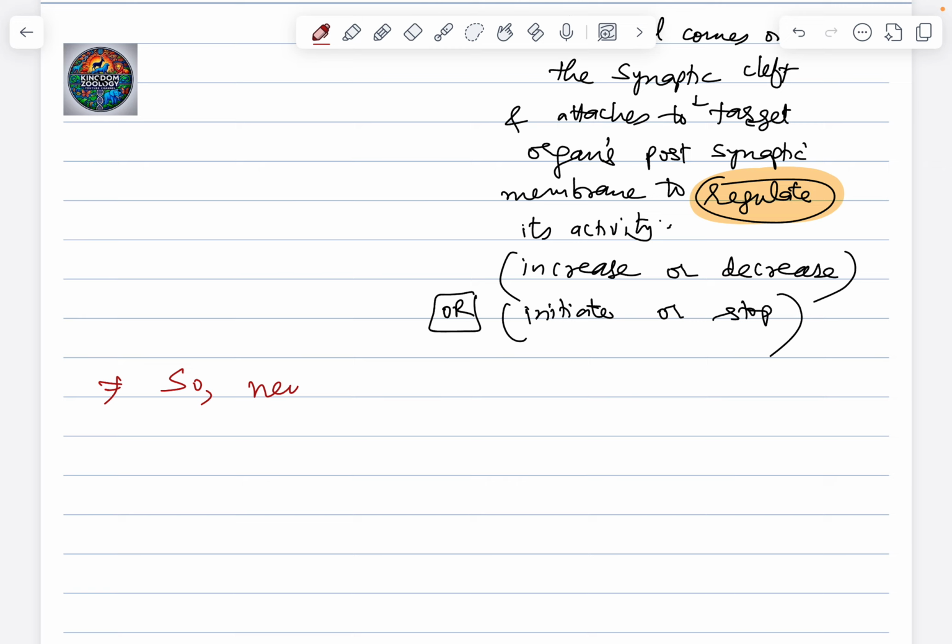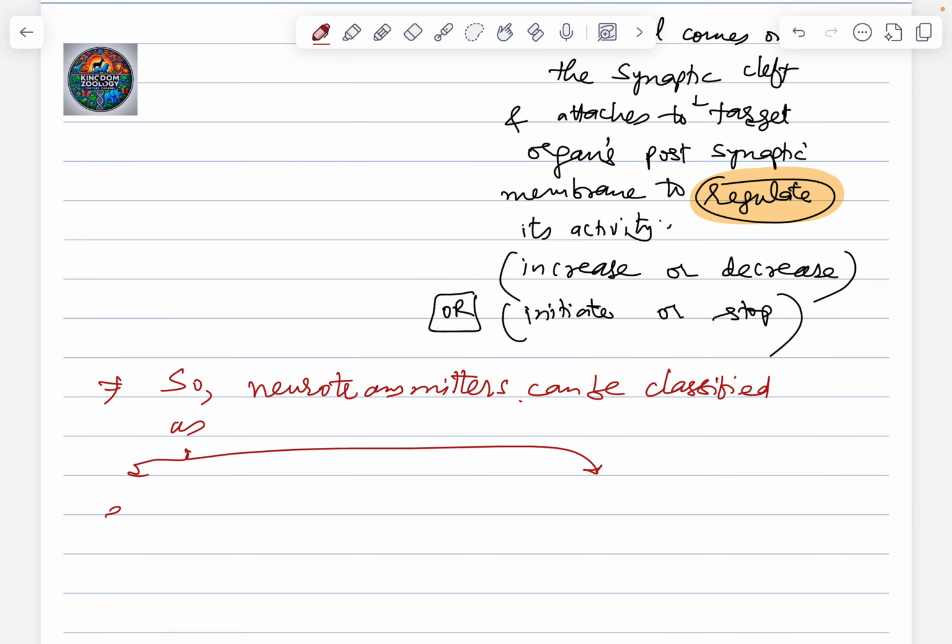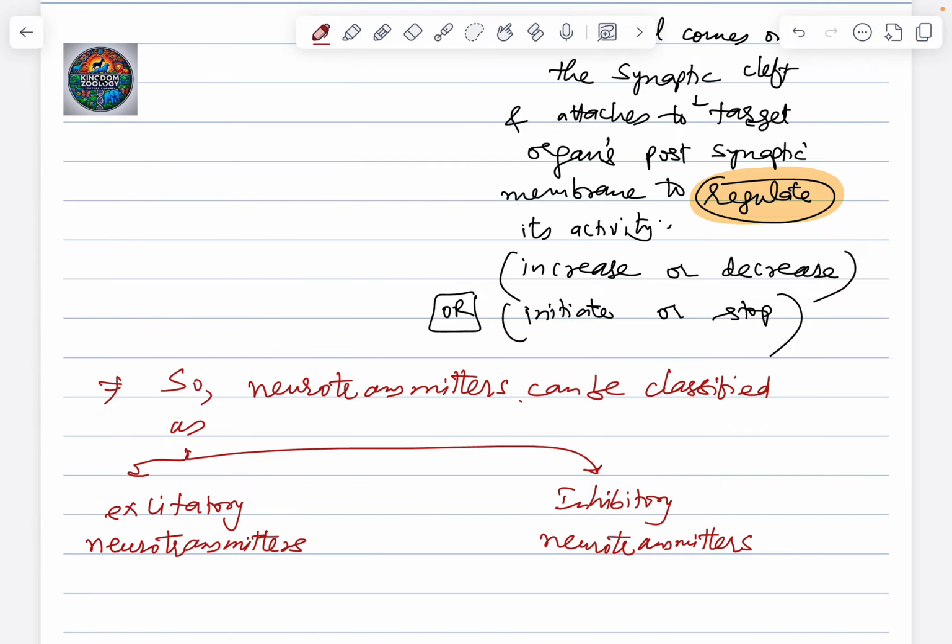neurotransmitters can be classified, and the name itself will make it clear to you. The neurotransmitters can be classified as excitatory neurotransmitters and inhibitory neurotransmitters.